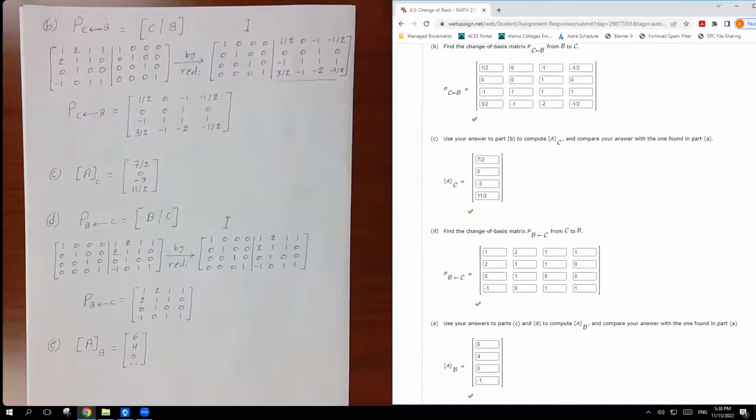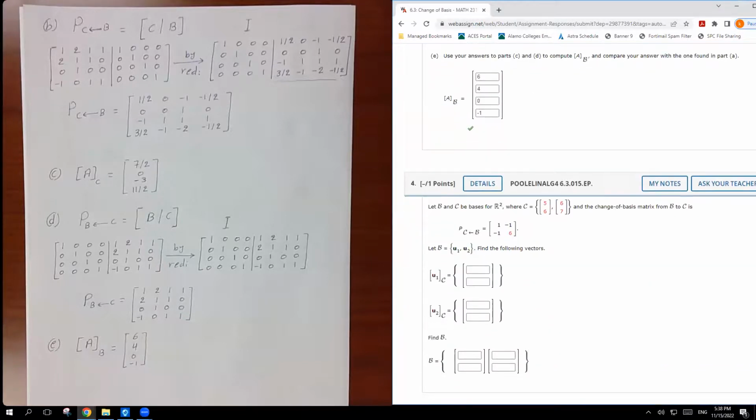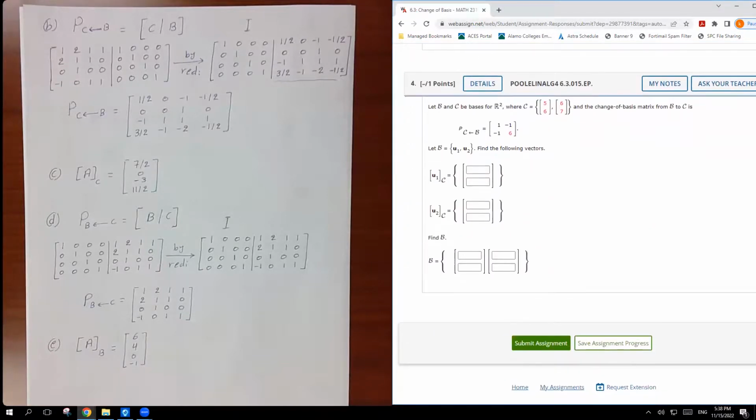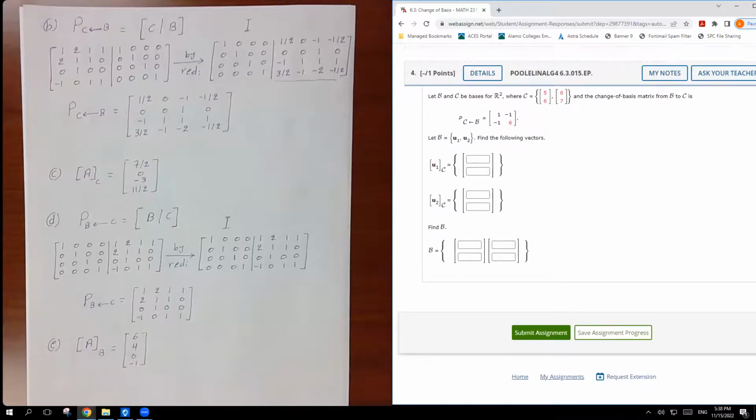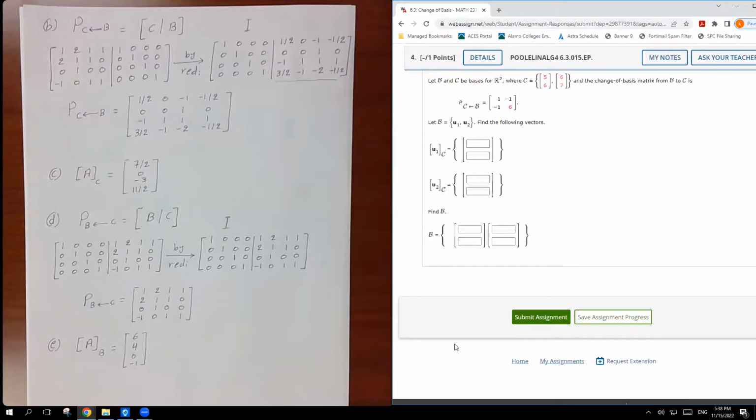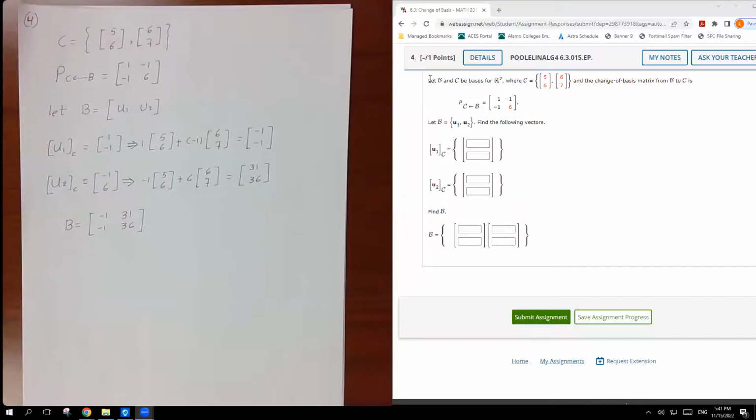I got it right. Let's move to the next example, the last one, number 4. Let's see how we're going to find the solution for this one. For number 4, let B and C be a basis for R2, where C equals, here's the base C. And the change of base from B to C, here's the change of base.